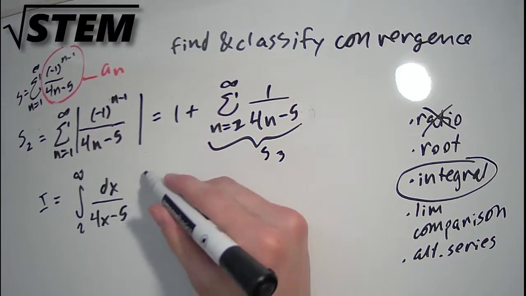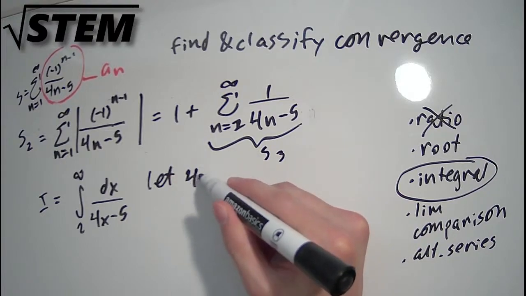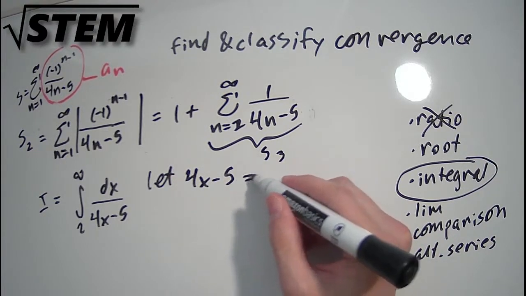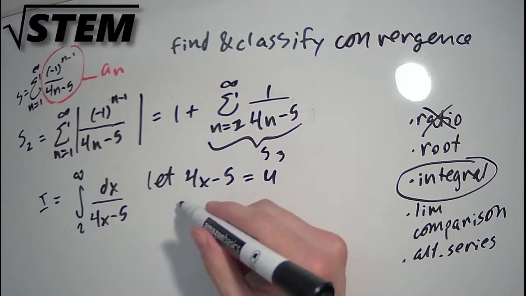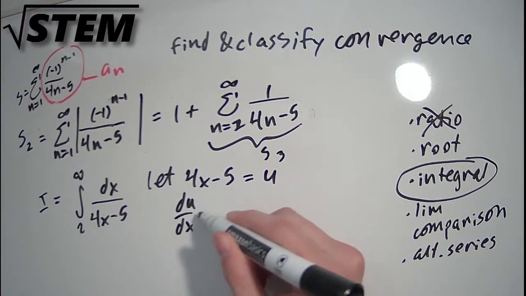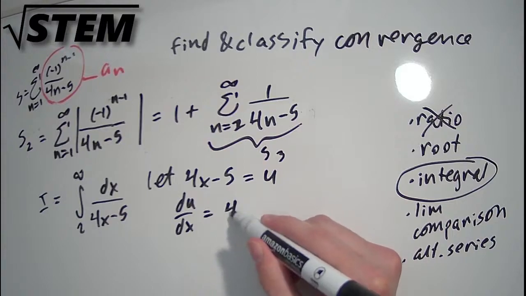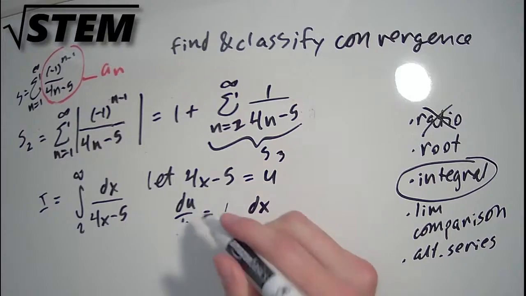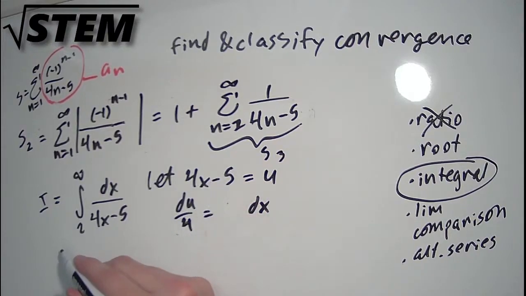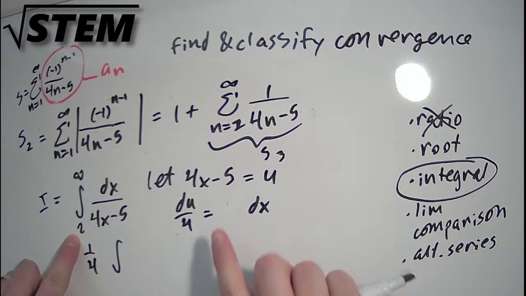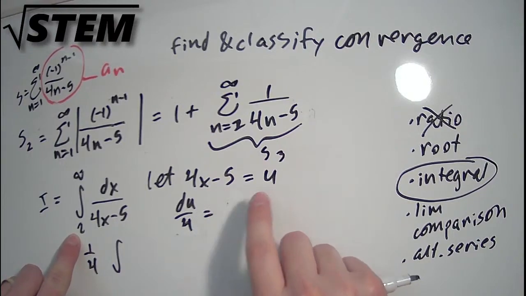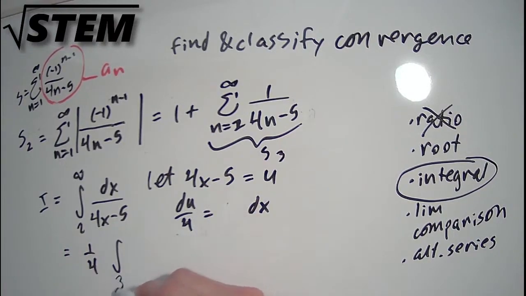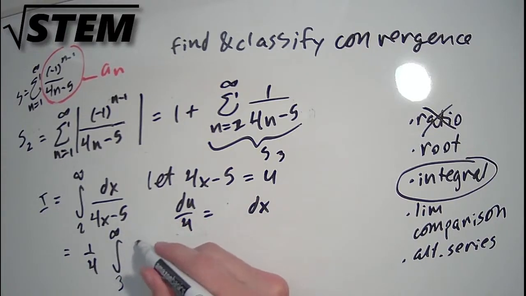So let 4x minus 5 equal u, then du dx is 4. Dx over here, put the 4 over there. So this integral is 1/4 the integral from, when x is 2, that's 8 minus 5, u starts at 3, and it still goes to infinity.